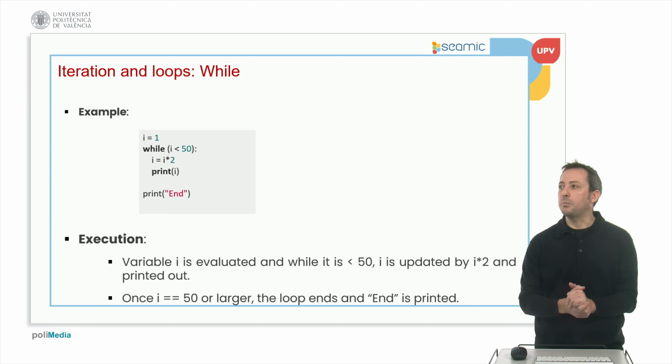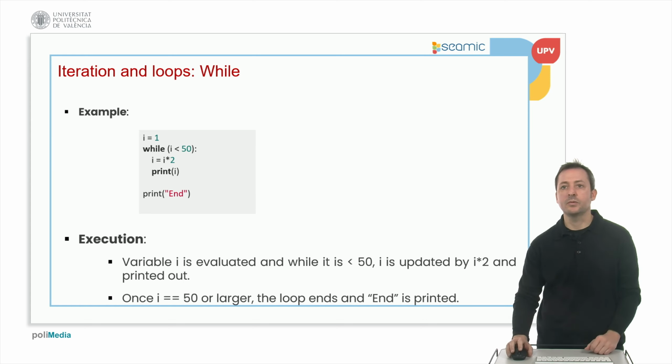Let's see an example in order to see how this while statement works, in which we are printing some numbers while some condition is satisfied. In this case, the condition is that the number I is lower than 50. At some point, we need to ensure that this condition will be false.